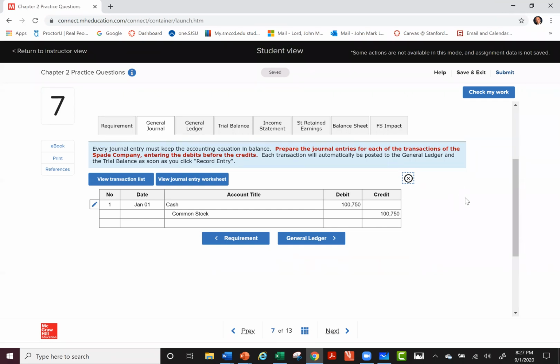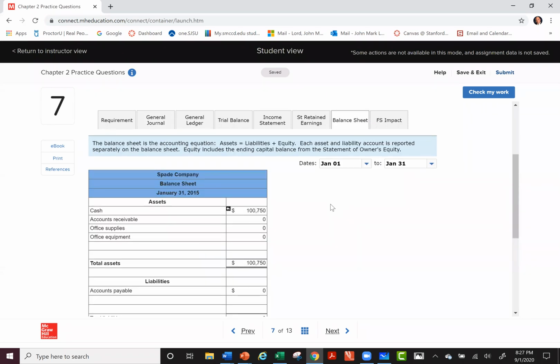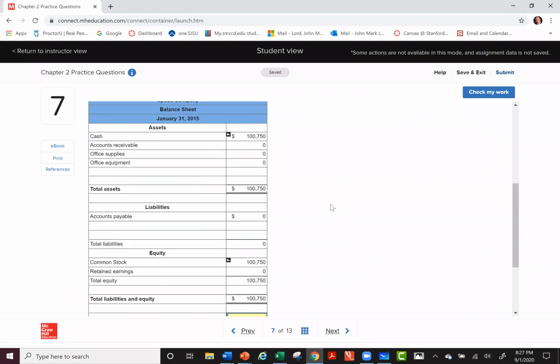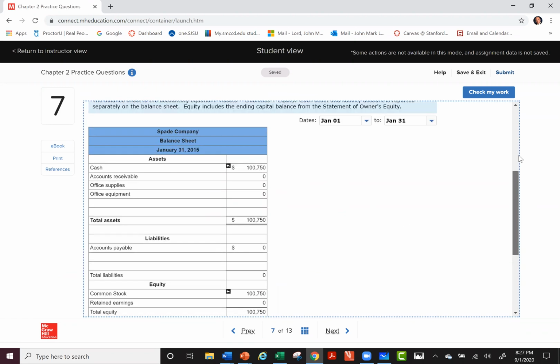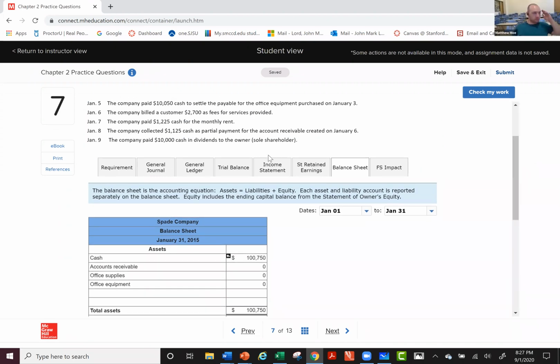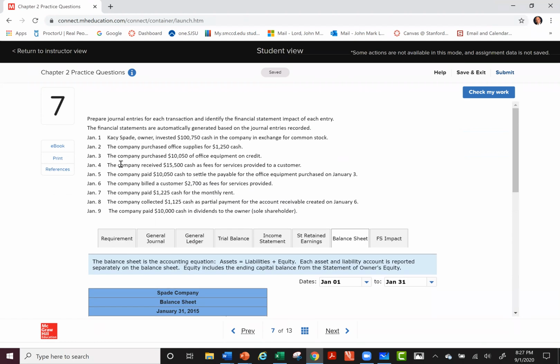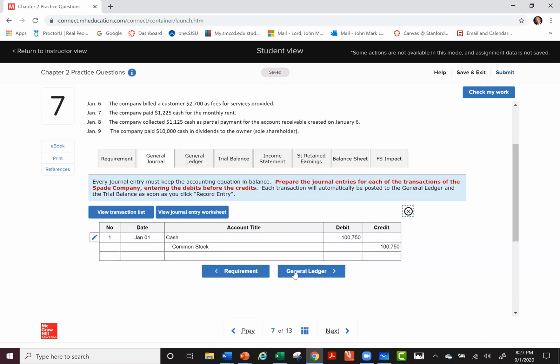Did stockholders' equity increase? Yes, it did. Again, the account that you were supposed to credit was common stock, but my overall stockholders' equity did increase, right? Okay, good. Let's look at the next transaction.